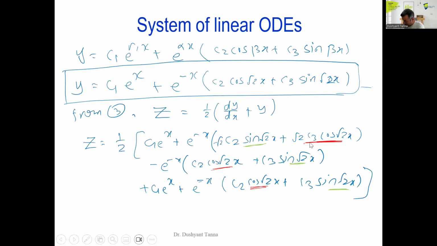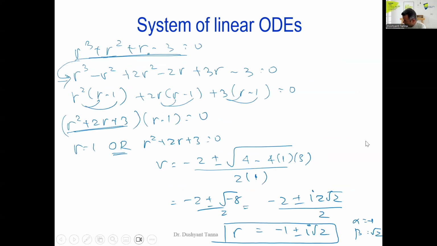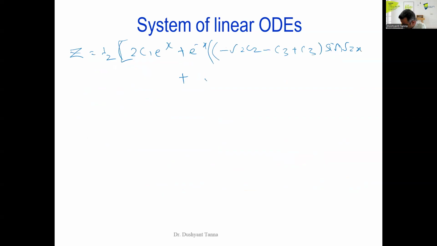Same thing here, root 2 C2 minus C3 plus C3, so they will be gone. So that will be root 2 C2 minus C3 plus C3 cos root 2x, bracket close, and your z is half 2C1 e raised to x, e raised to minus x.